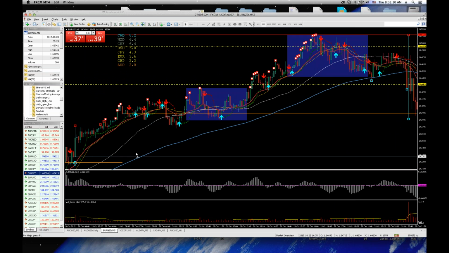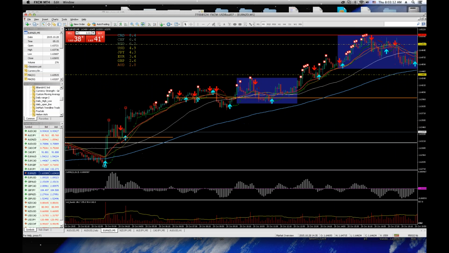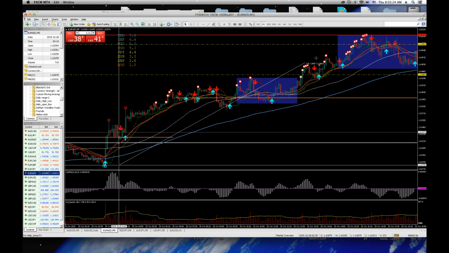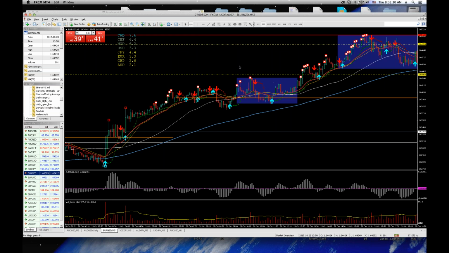This is 3, so this is Tokyo Open right about here. This thing's already gone up nicely, and at this point it had gone up 192 pips, which is a lot, but this is the Euro New Zealand. So I was willing to risk it.